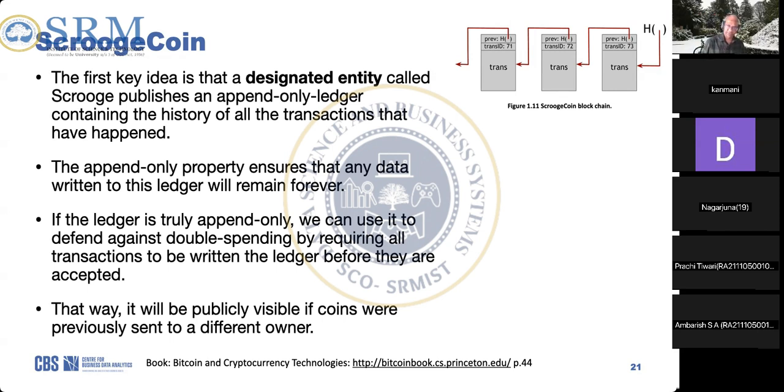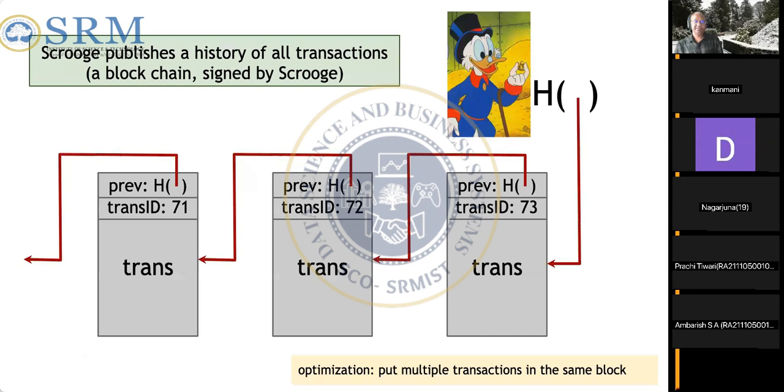For example, in the previous case, when Alice created a transaction transferring a coin to Bob, that will be sent to Scrooge, and he will put it into a block and prepare a hash pointer.